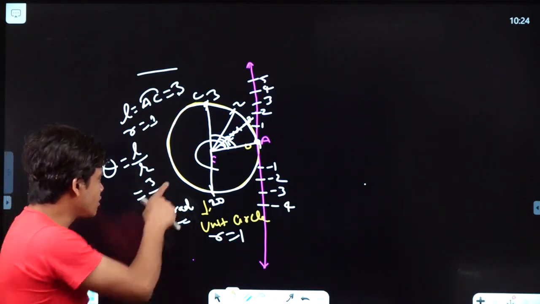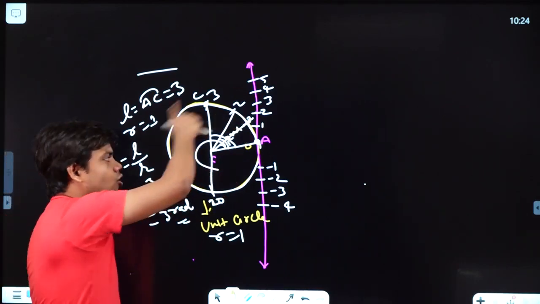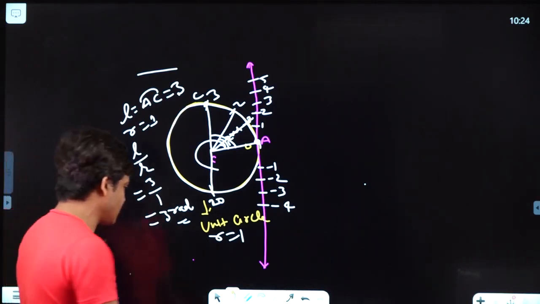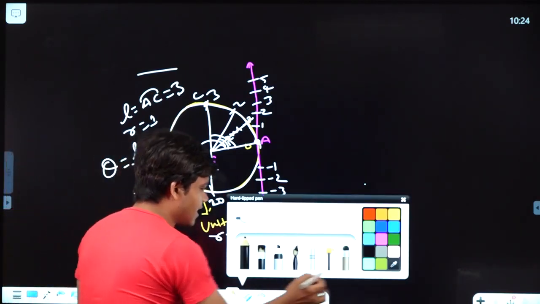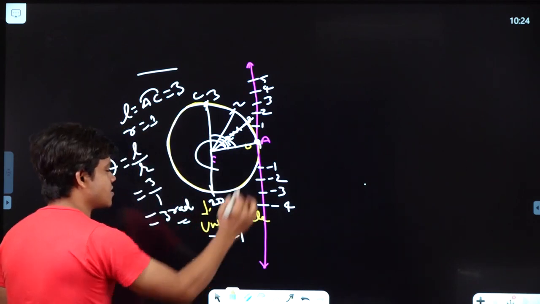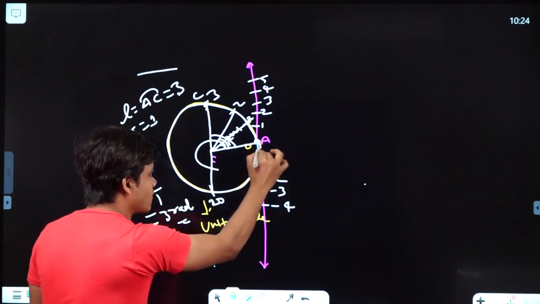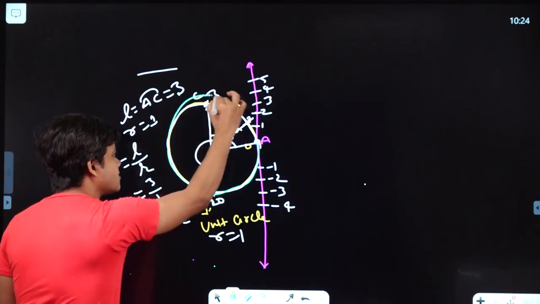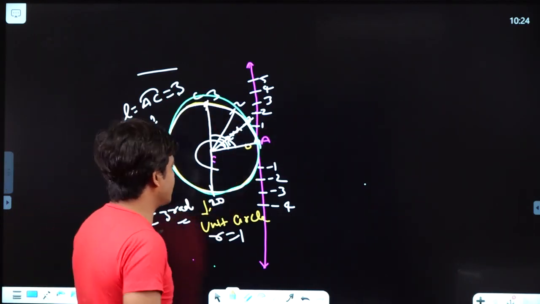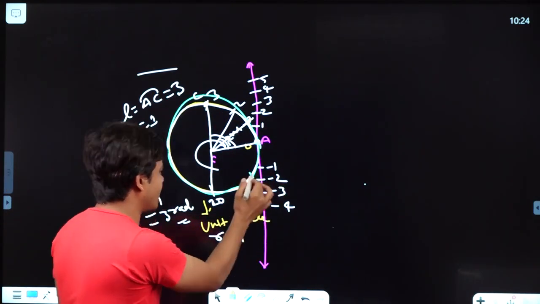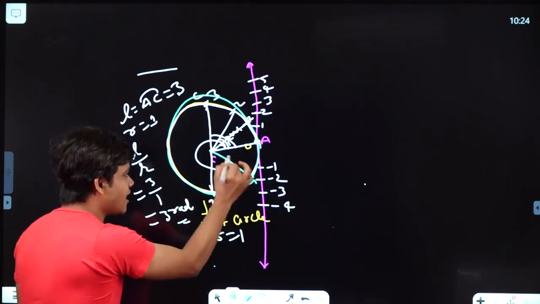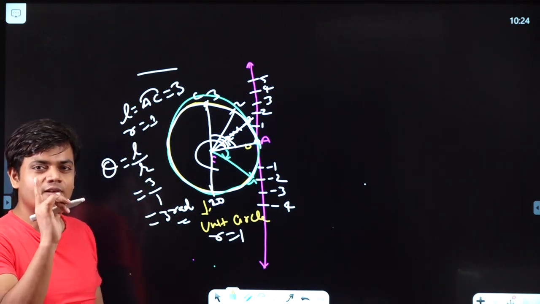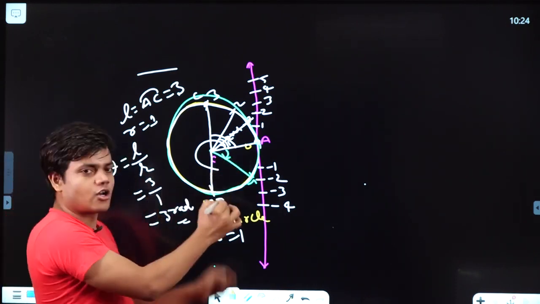All right, so these were the things in the anti-clockwise sense, and the same thing can be seen in the clockwise sense. And it is really interesting. If you have a point over here and we are moving in the clockwise sense, and your point is at -1, then this angle is certainly -1 radian, because the sense is clockwise.